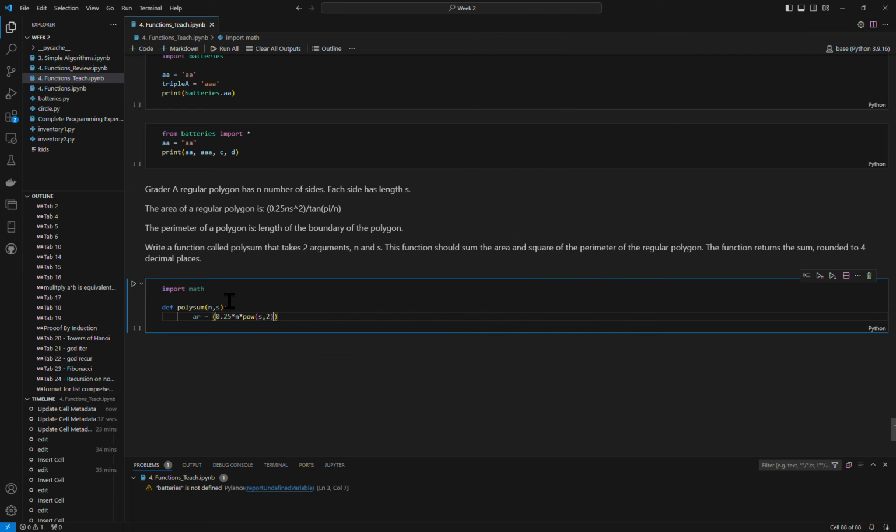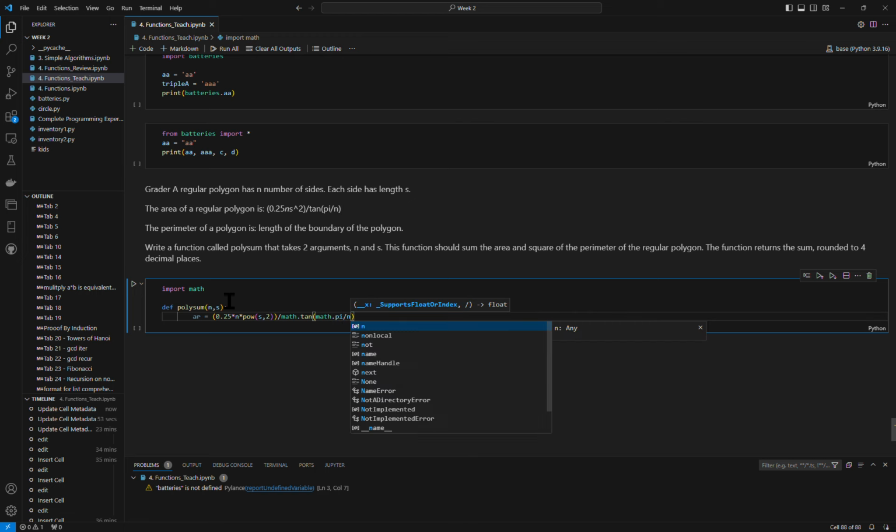That's the area, and it is divided by math.tan, a function from math, of pi divided by n. Math.pi divided by n.